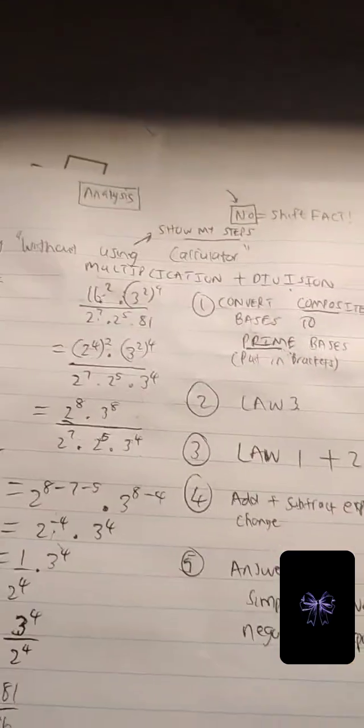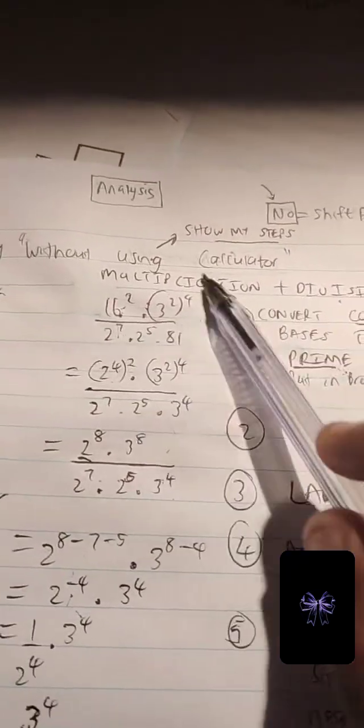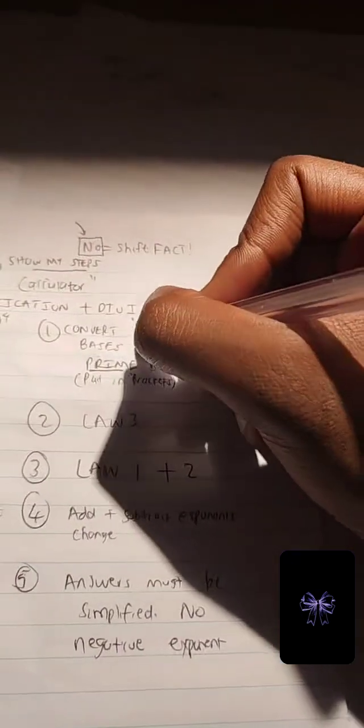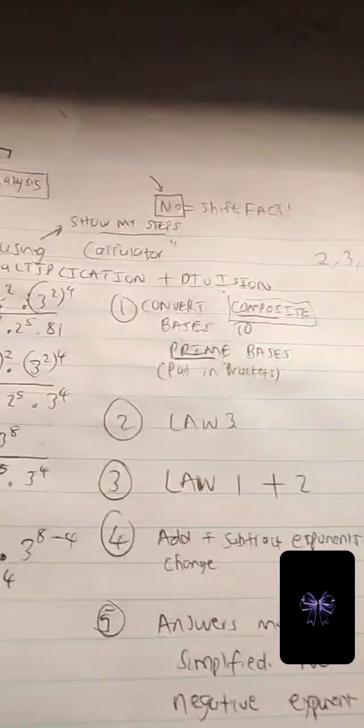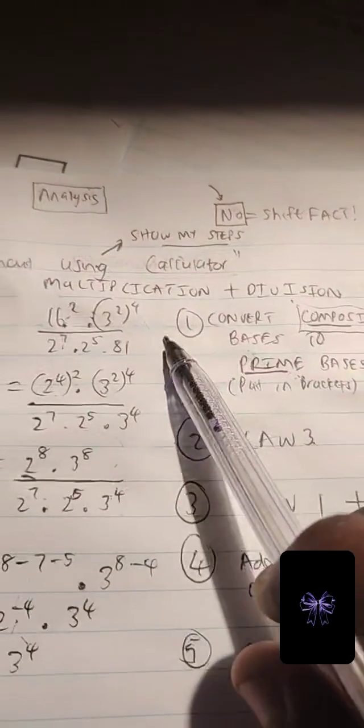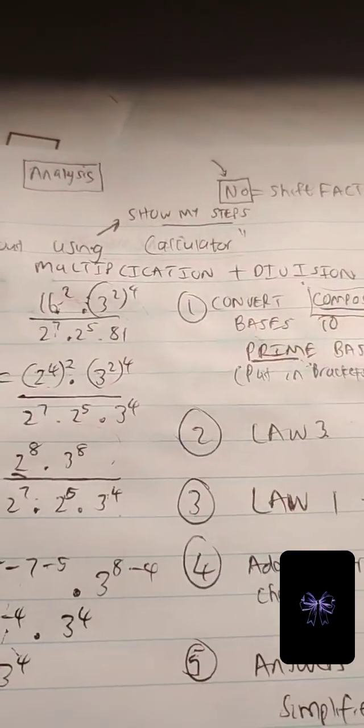So that's pretty much a summary of what we do when we are dealing with the multiplication and division of numerical bases that show composite base nature. Step number 1, first analyze, check, and confirm that it's multiplication and division alone.